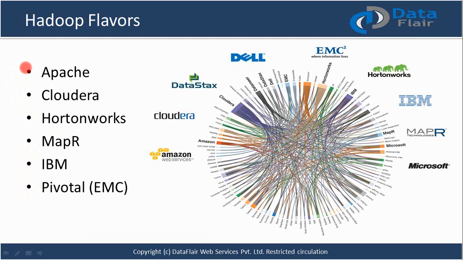MapR copies from Apache, bundles it under its own name and sells it. MapR is proprietary, IBM is also proprietary, Pivotal again proprietary. They copy it and sell it. Apart from that, from Amazon, there is a base version available. Dell has discontinued, and DataStax has just minor versions available, but these are the major versions that are available.